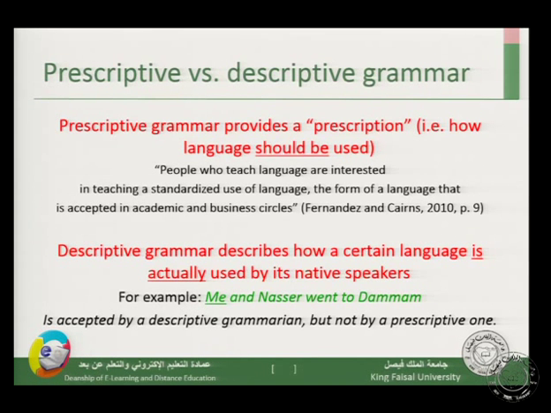We have two types of grammar, which I've shown here. None of them is wrong. They are just two forms of language. Don't take this as prescriptive grammars are wrong and descriptives are right. No. We have two types of grammar. None of them is wrong. They're just two types. Okay?